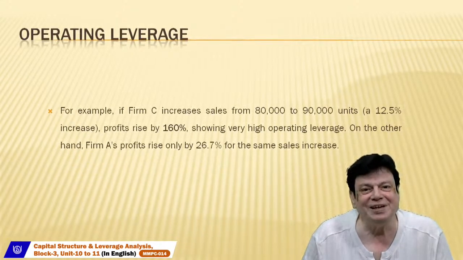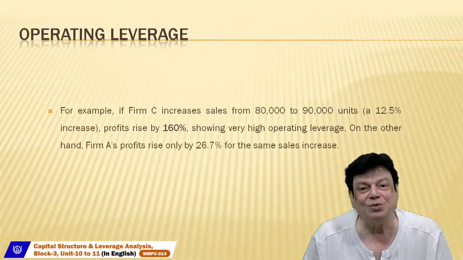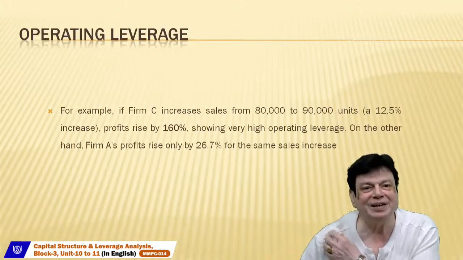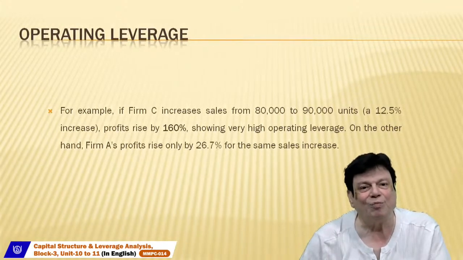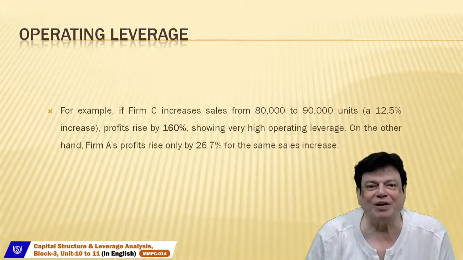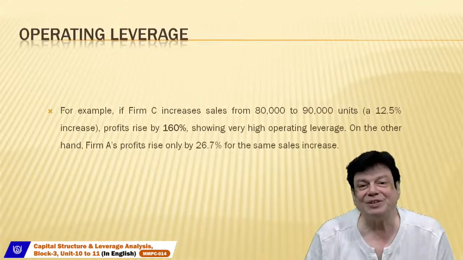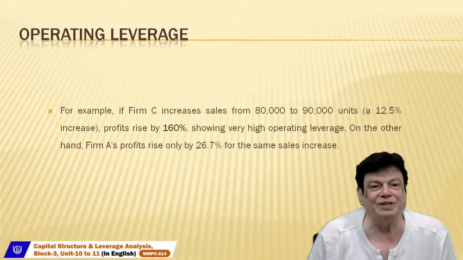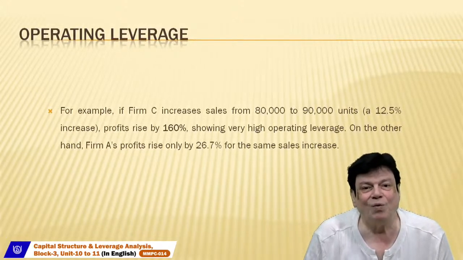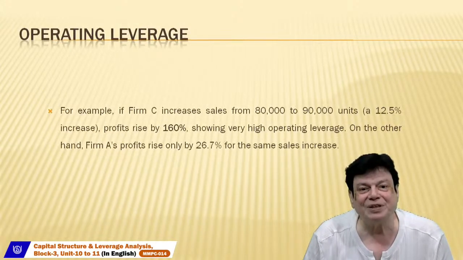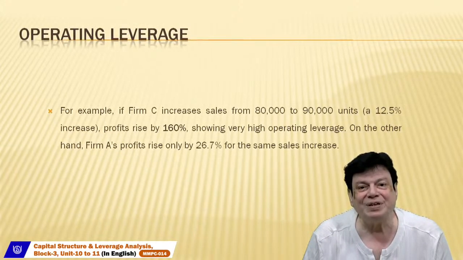If firm C increases sales from 80,000 to 90,000 units, a 12.5% increase, profits rise by 160%, showing very high operating leverage. On the other hand, firm A's profits rise only by 26.7% for the same sales increase.